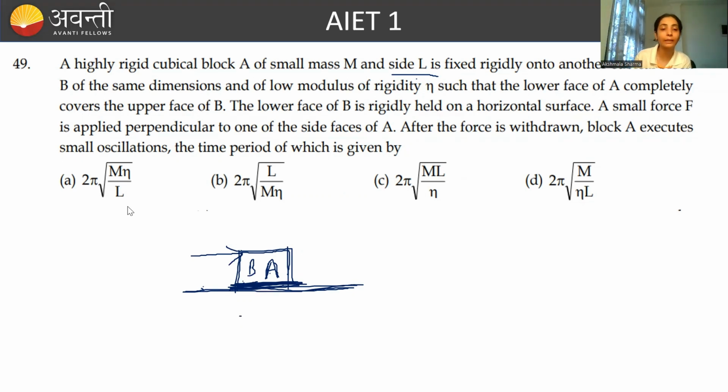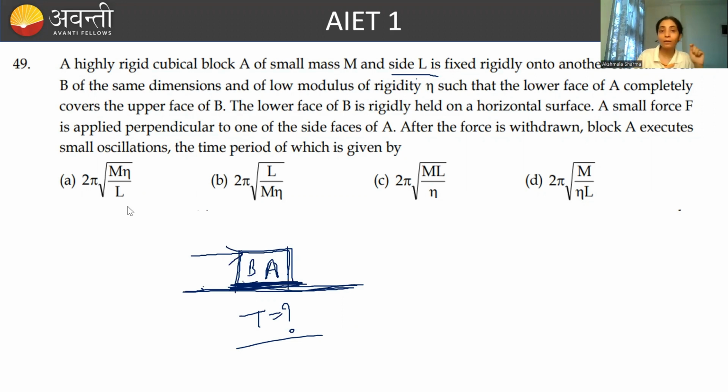So we have to calculate the time. We can solve it purely from mechanics, from the concept of SHM and from the concept of modulus of rigidity. But I know you all have not studied these things. Snell's law मैंने इसलिए discuss किया क्योंकि that's a very simple formula, just applying and getting. But this is not that.